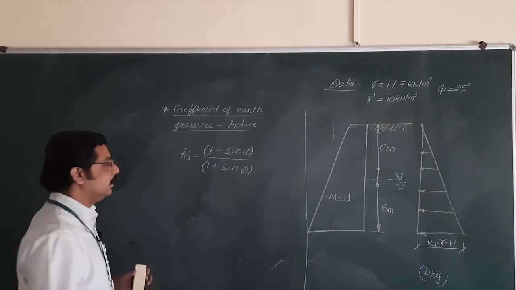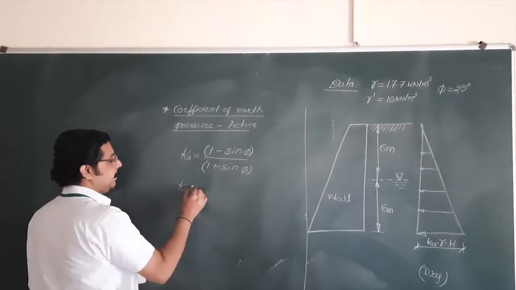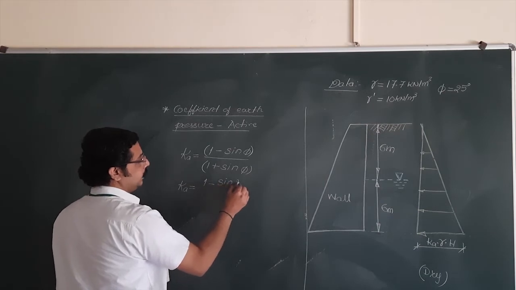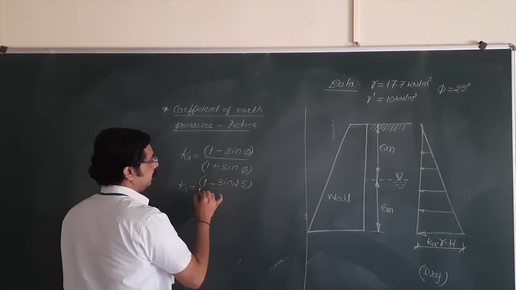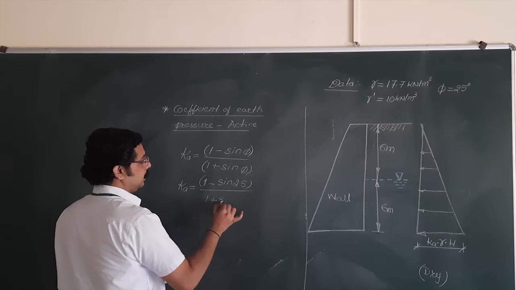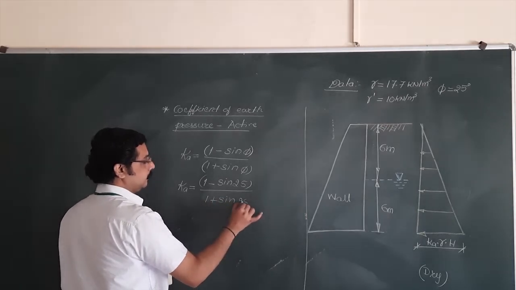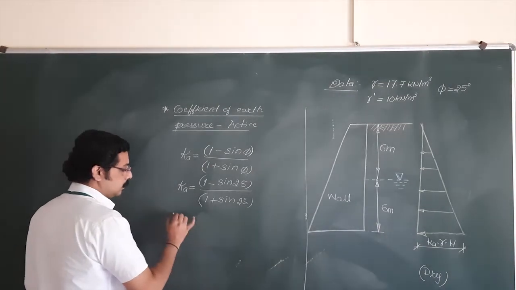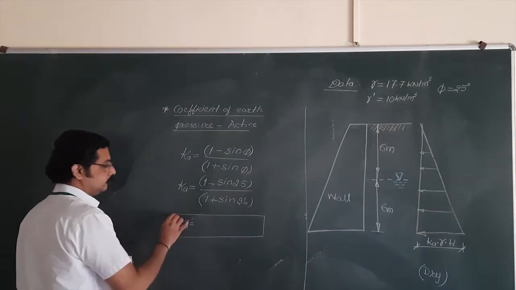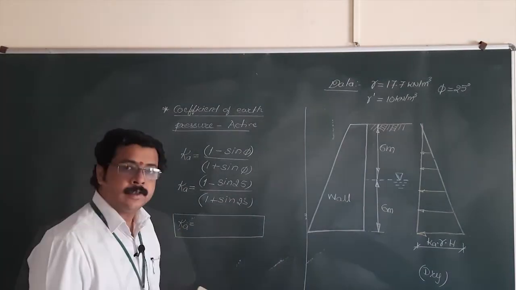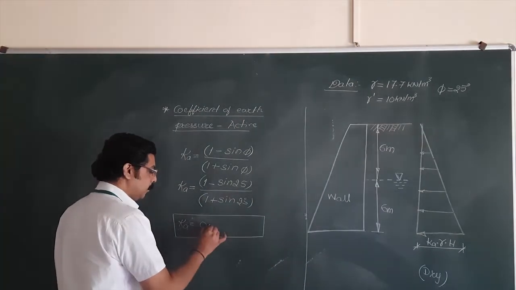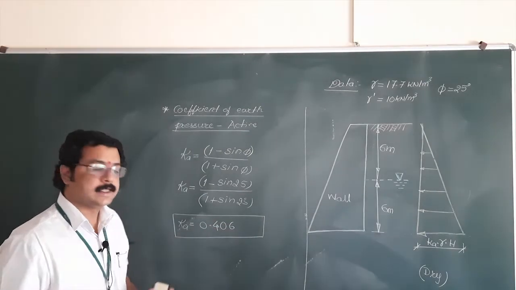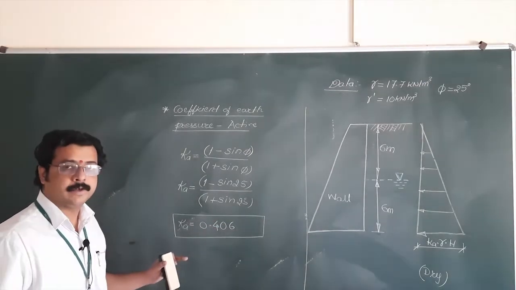Value of phi is 25 degree. Hence, Ka is equal to 1 minus sin 25 divided by 1 plus sin 25. Solve this and get the value of coefficient Ka. The answer comes out to be 0.406. This is our coefficient of active earth pressure.